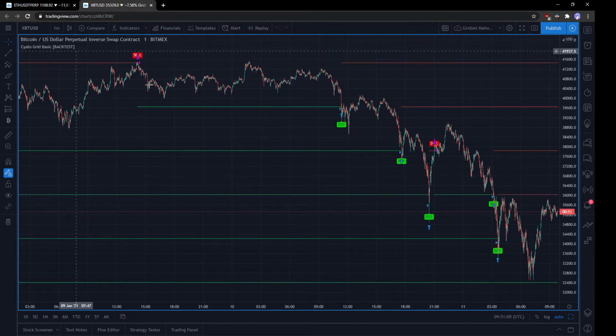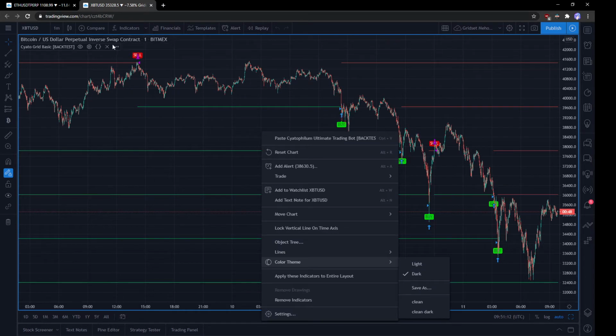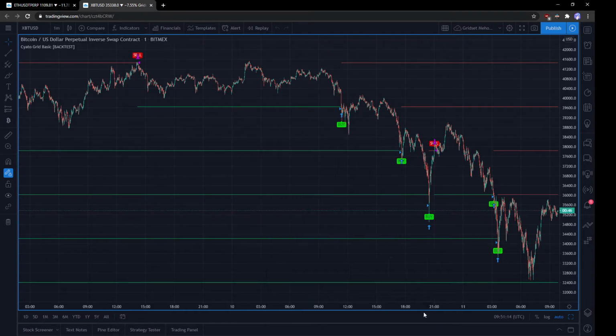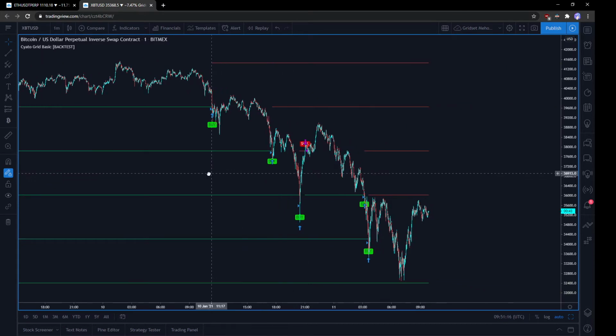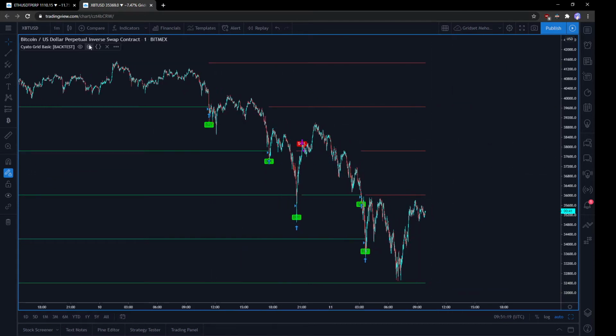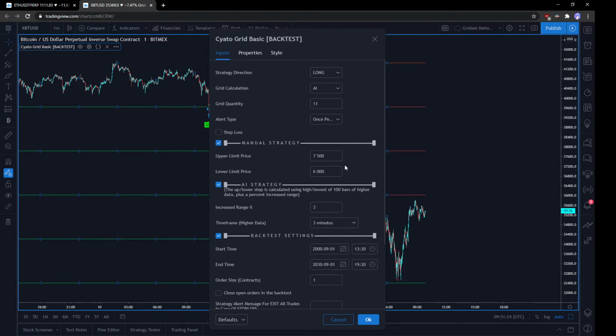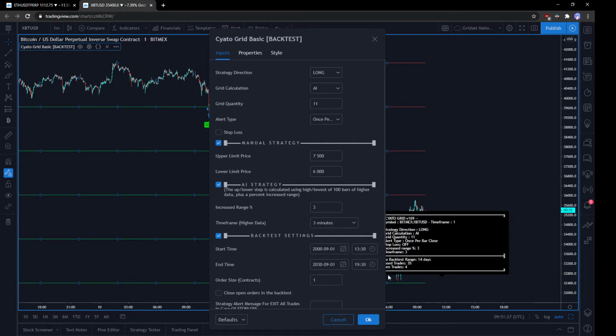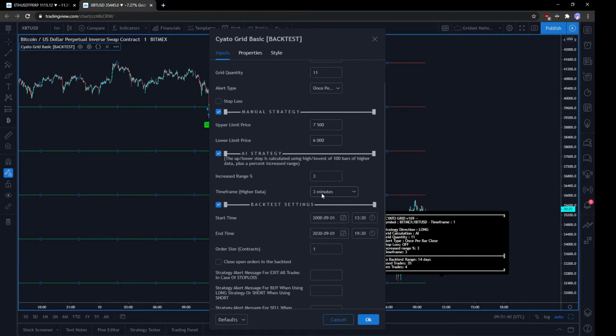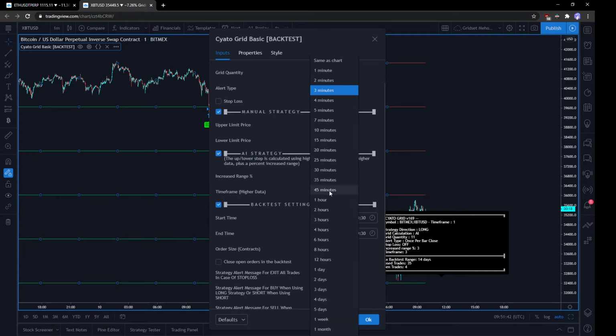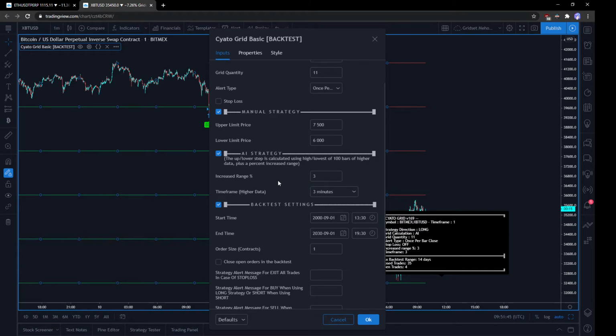So we got the grid strategy on Bitcoin, 1 minute BitMEX. So let's see. So we got the long strategy with the AI mode and 11 grids, and we got a time frame of 3 minutes.